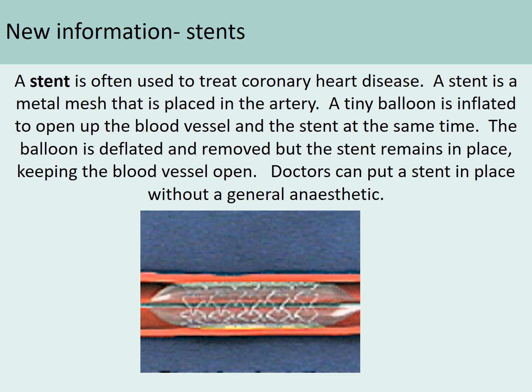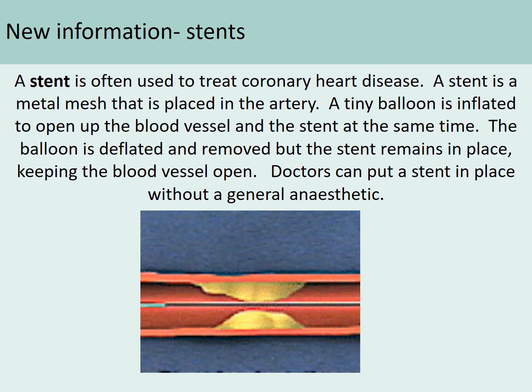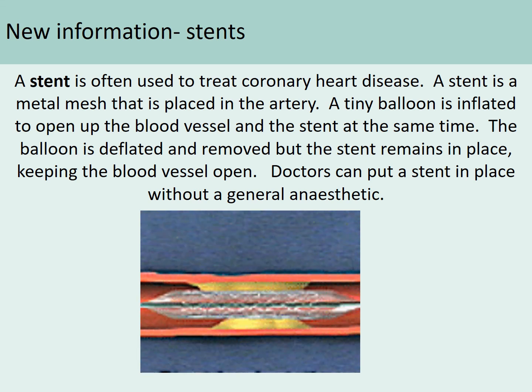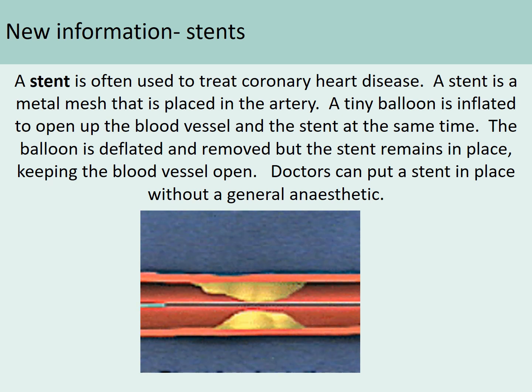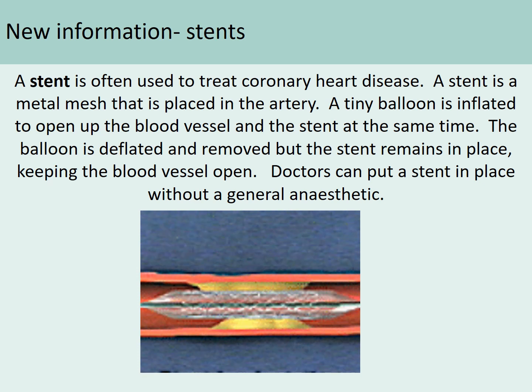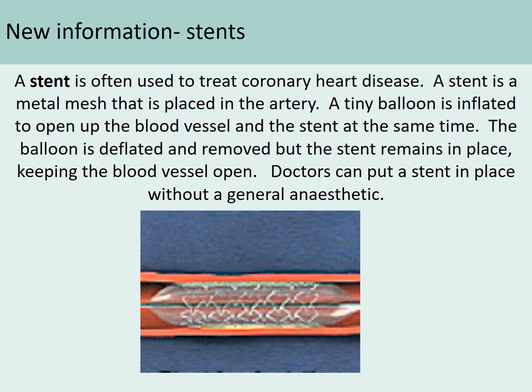It goes in, finds the right artery, and then it will open up the stent and it forces that blood vessel open. And the way that they actually cause it to open up is they have a teeny tiny balloon inside it. They inflate it and that pushes it open, and then it will stay in place. So you can see that in the animation at the bottom.